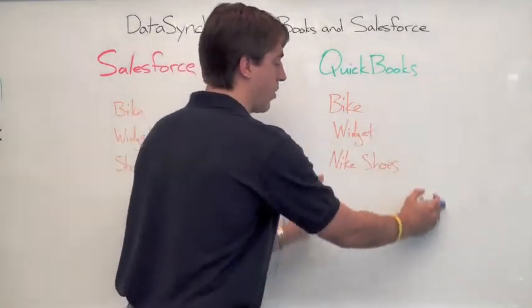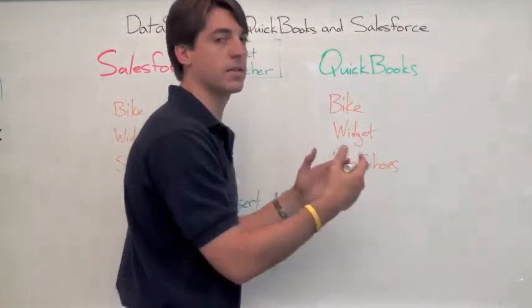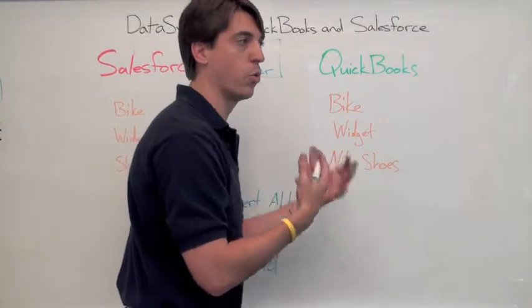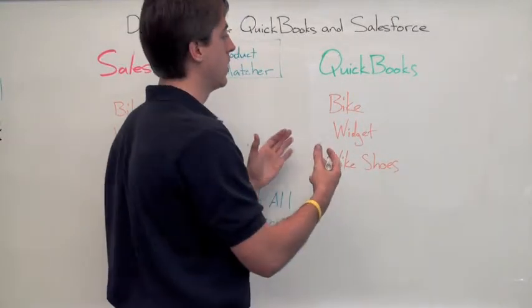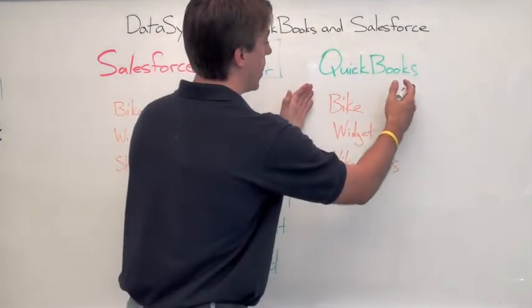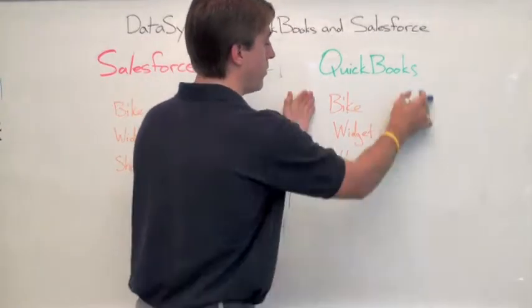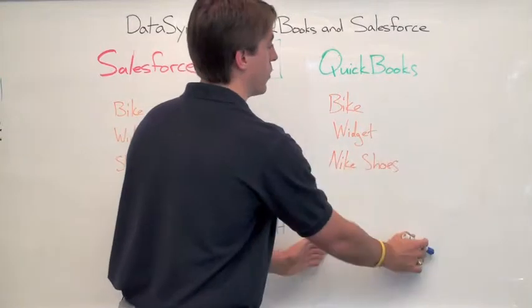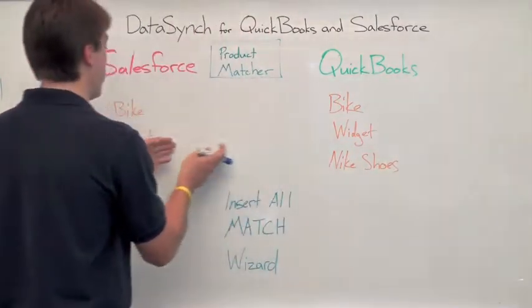You have to enter everything into QuickBooks because QuickBooks has a much more robust inventory management functionality than Salesforce. Salesforce doesn't have any. So you enter all of your products that you want to bring into Salesforce in QuickBooks, and we'll bring them over into Salesforce.